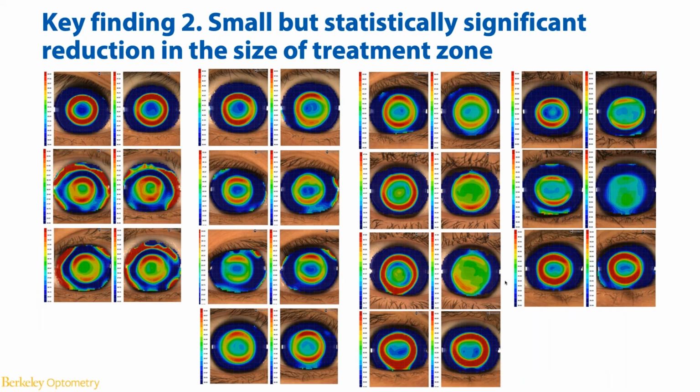Even though the difference is pretty subtle, if we compare the size of the treatment zone on a tangential display, on average we're seeing about a 0.2 millimeter smaller treatment zone with the 5mm OZ design compared to a 6mm OZ control.